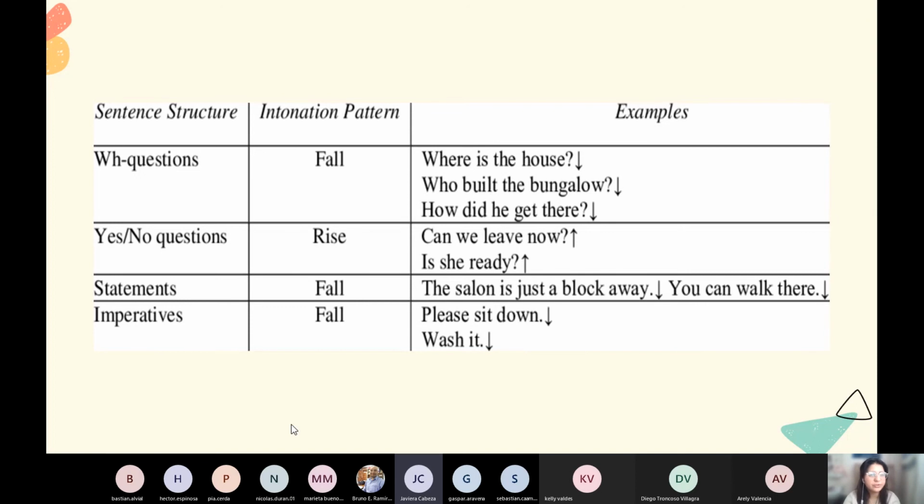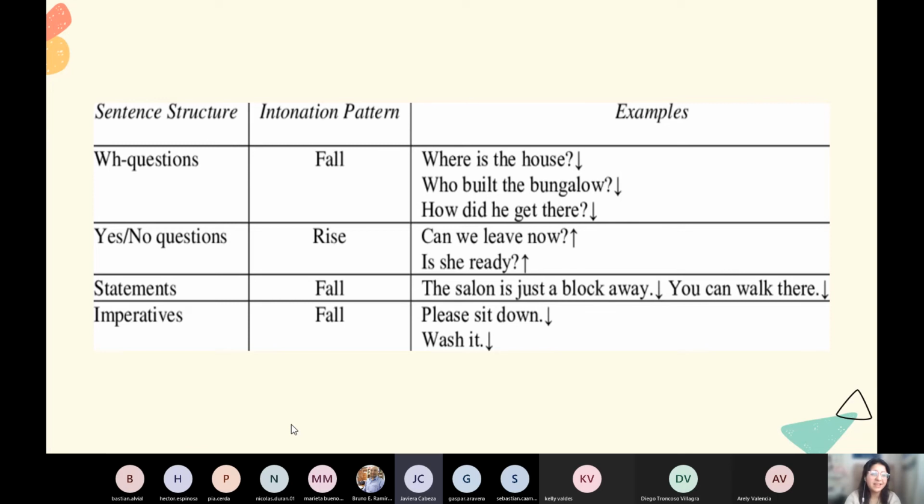I am pretty sure you are going to continue working on this with Professor Bruno, because intonation is something you are going to see a lot during this semester, and it's very important for you, because people convey meaning.